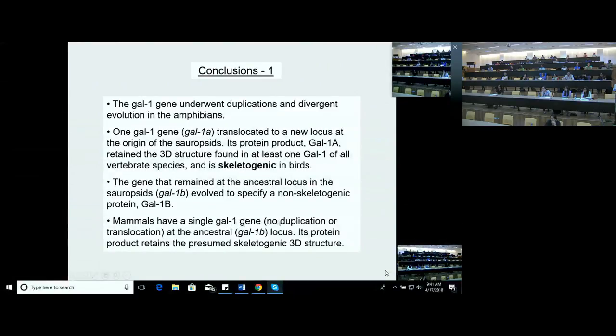There was no duplication or translocation at the ancestral locus, but its protein structure retains the presumed skeletogenic 3D structure. So what I'm saying is that all of the vertebrates have at least one skeletogenic galectin 1, but in the sauropsids, it's on a different chromosome than it is in all of the other vertebrates.